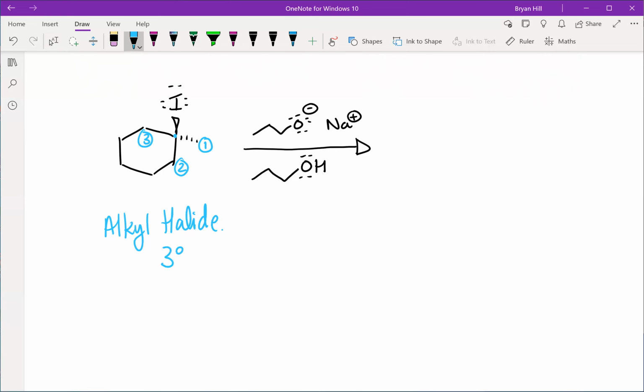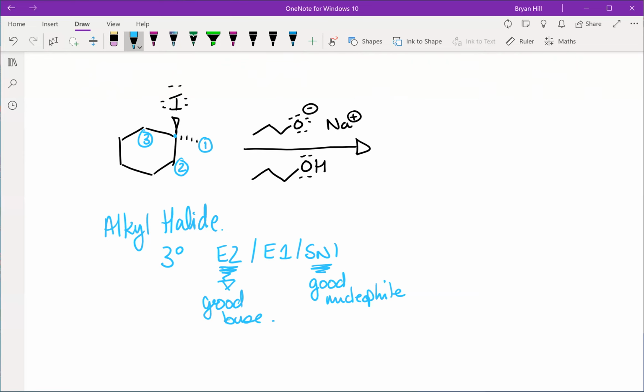So tertiary, the possibilities for tertiary are E2, E1, SN1. SN1, good nucleophile. E2, good base. So what do we have here?